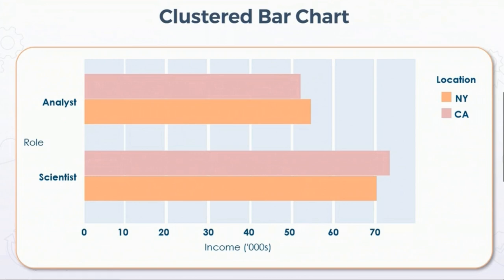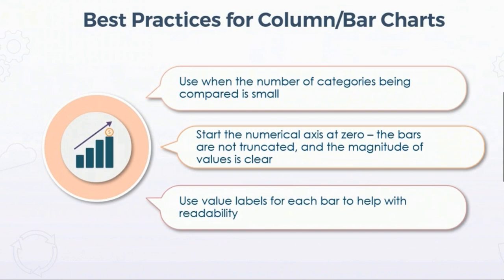We are comparing income to job role, for scientist it is this and salary for this how much. We can see there is the least salary in California for analysts and there are fewer jobs there. So when we need to compare and analyze, for representation of more than two variables we use stacked charts and bar charts.